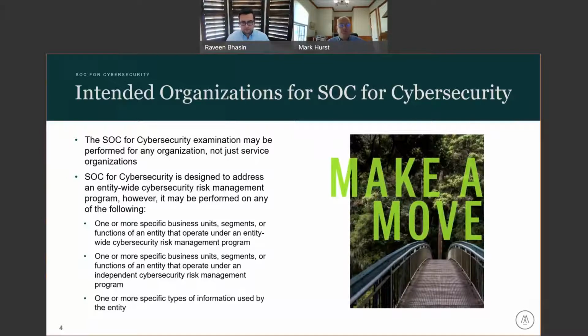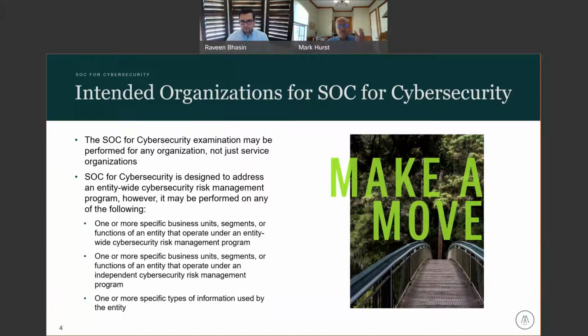Scope could be a specific business unit, segment, or function within the entity-wide cybersecurity risk management program, or also within its own independent cybersecurity risk management program, also known as CRMP. The scope can also be specific to a type of information, such as EPHI, or electronic patient health information, or financial services information, or any other type of information for that matter.